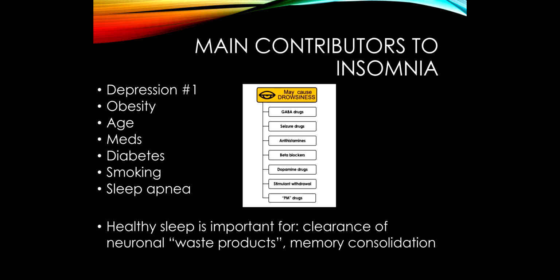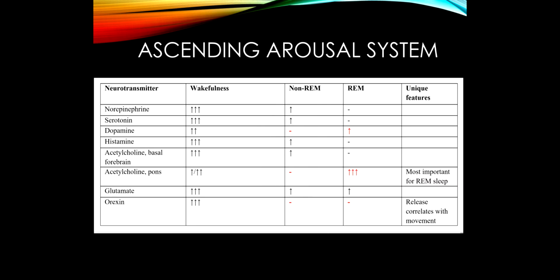Also, we'll go through the different stages of sleep, but during stage 2 sleep in particular, there's good evidence now that this activity we can see in the brain is actually the brain consolidating memories, making long-term memories from short-term memories. Sleep is very important for that, and that's why when you're studying for an exam, you really want to get a good sleep the night before to try to consolidate all of those memories.